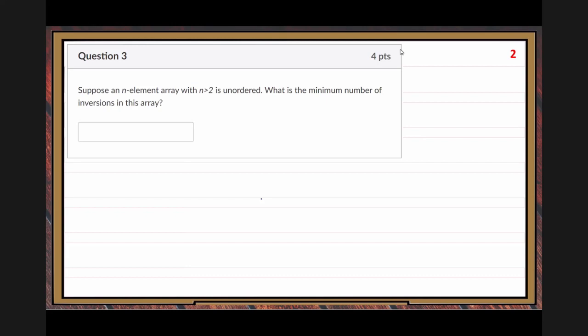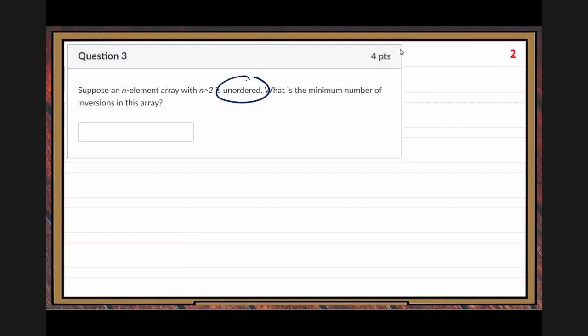Number 3, minimum number of inversions. Unordered. I hope, when you read the question, you do not miss any important word, unordered. So it cannot be 0, right? If it's 0, it's ordered.